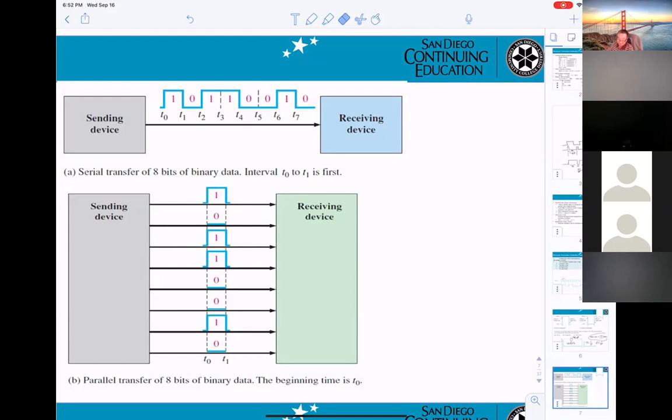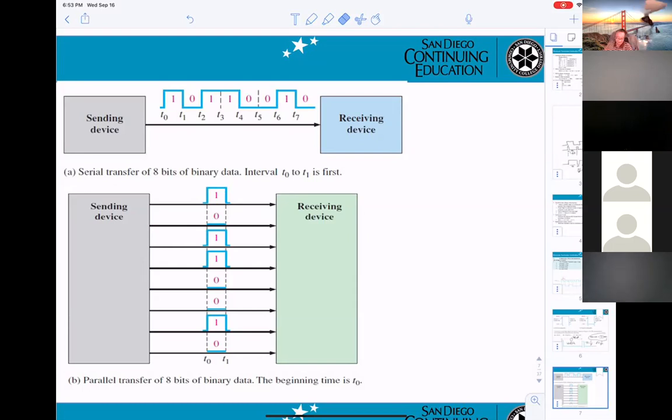Your computer, when they say 64 bit, that means inside it must have 64 wires. The reason is, inside the computer cannot work with serial data. It must work with parallel data. So when they say a computer is 64 bit, that means inside a thread it has 64 wires.